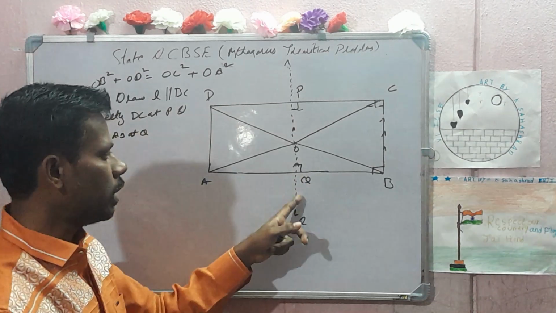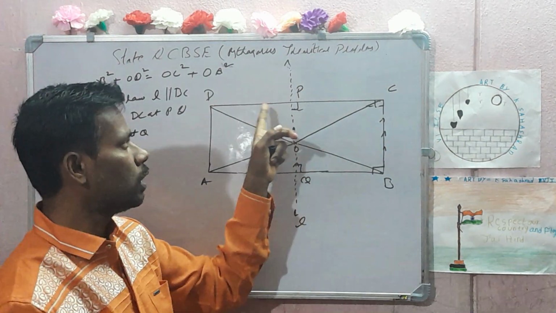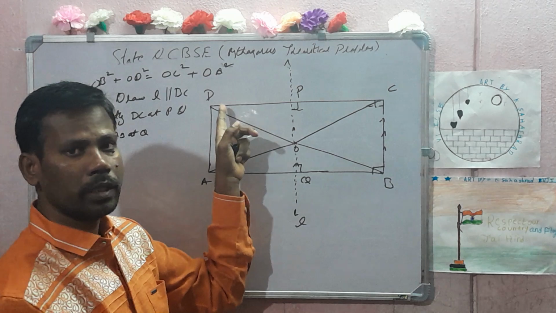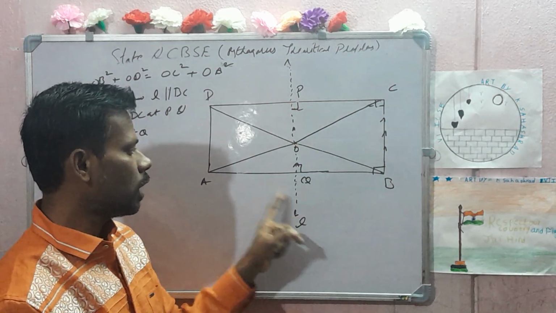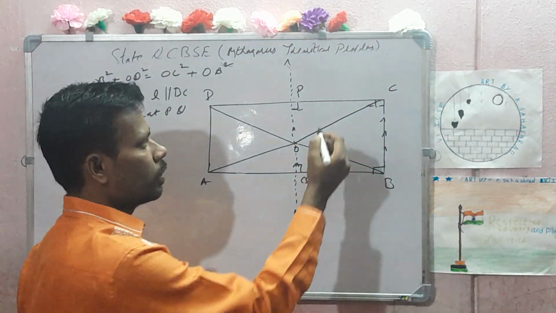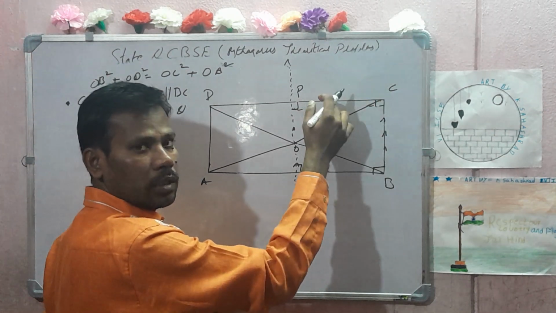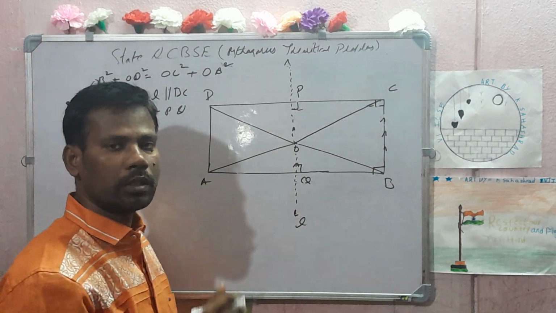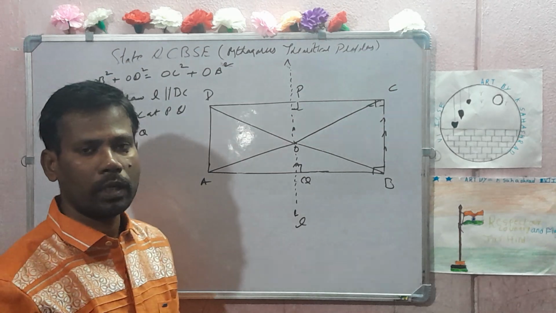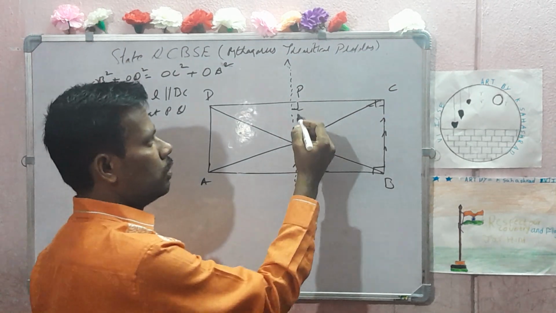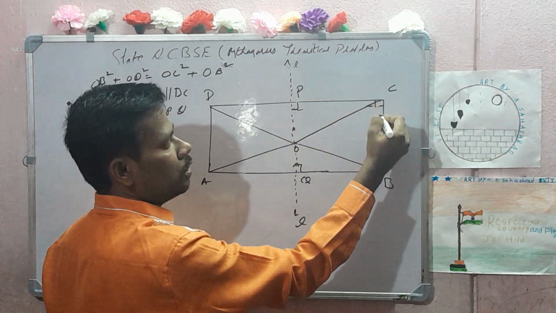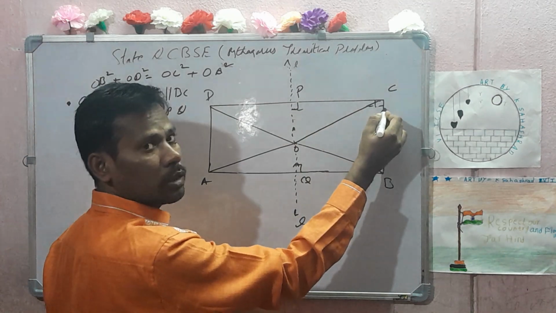You have to draw a line parallel to BC such that this line meets DC at P and AB at Q. Now the sum of interior angles lying on the same side of the transversal is 180, provided the lines are parallel. So this line is parallel to this line, no?